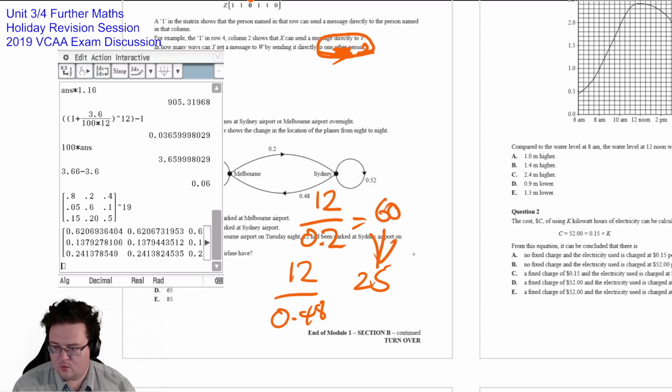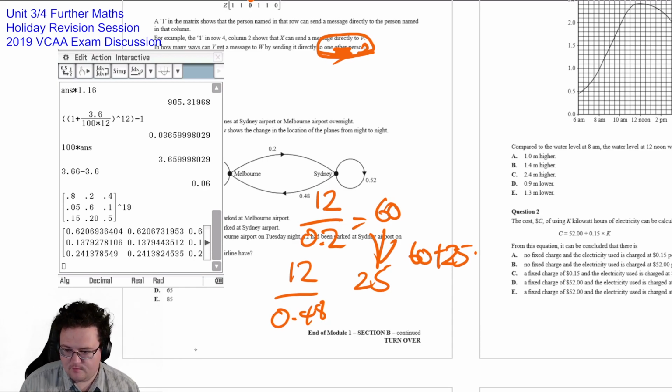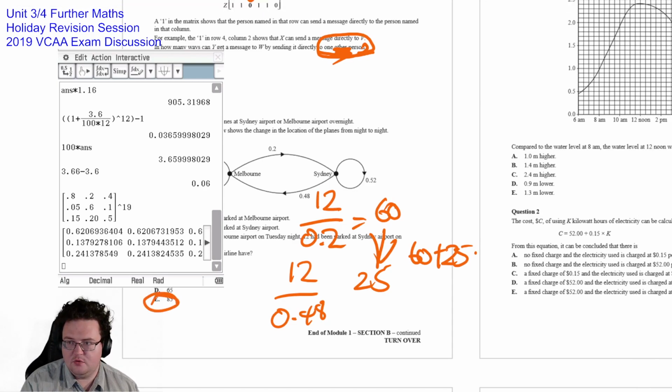Therefore, what is 60 plus 25? Which is the answer. I just realized the CAS has moved itself.